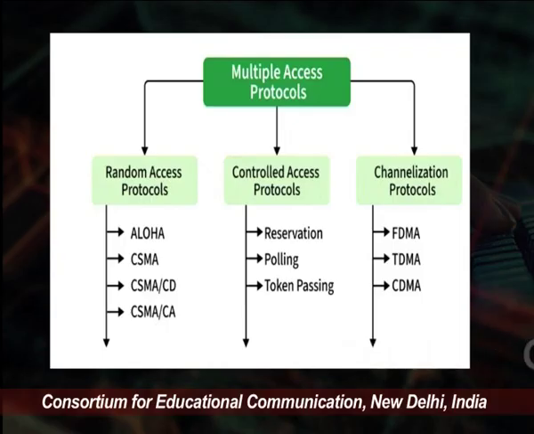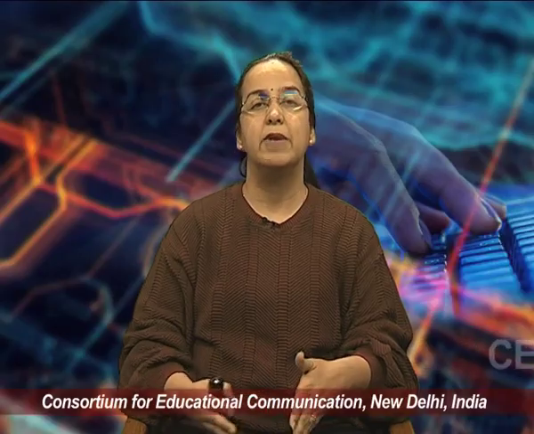In random access protocols, all stations on a network have equal priority for sending packets, and transmission decisions are based on the state of the channel, whether the channel is idle or busy. As the name says, these are random access: there is no fixed order of transmission and no fixed time slot assignment.